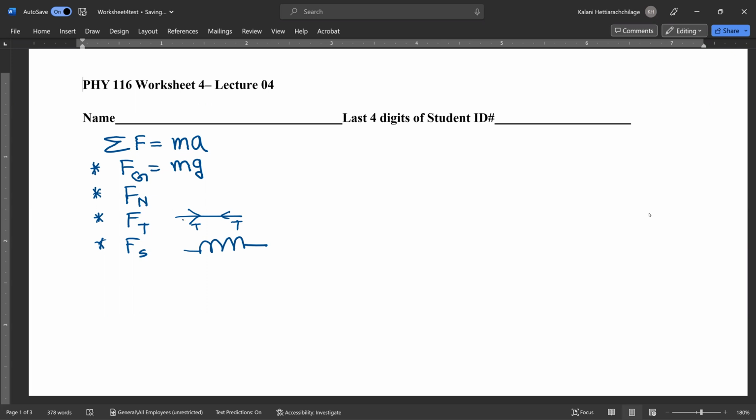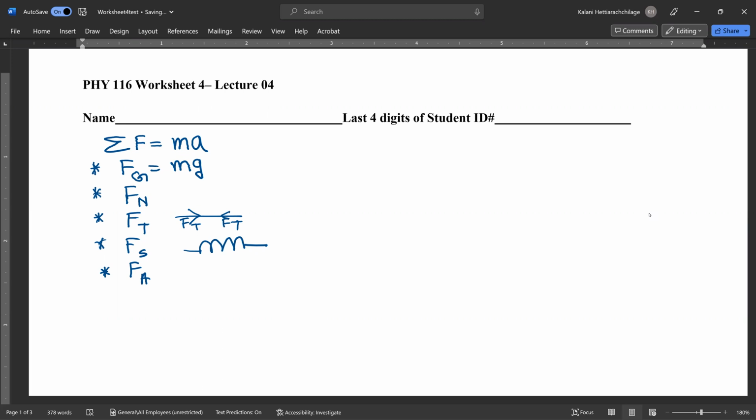Next, the applied force can be any push or pull in any direction that you apply, right? Those are the forces we discussed. According to the application, we need to figure out all the forces, what force will act and in what direction, and then combine that into Newton's second law and solve the linear equation for what the question is asking.